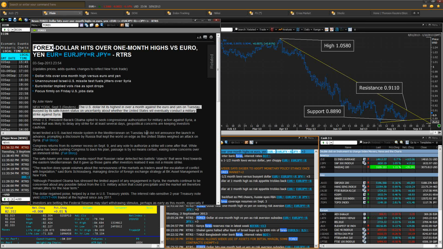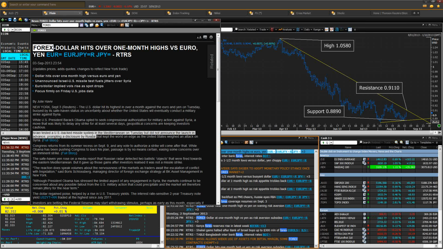As you can see here, Israel tested a US-backed missile system in the Mediterranean on Tuesday. What the story was initially was that the US and Israel had done a joint missile testing. As it turns out, it was just Israel. There's talk of Assad being involved in the gas attacks in Syria.